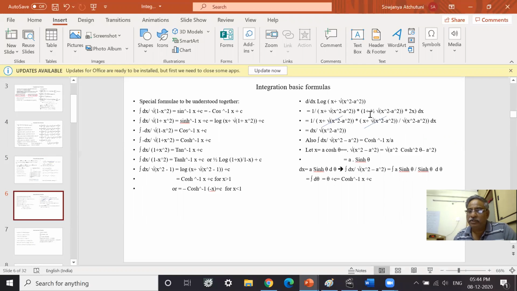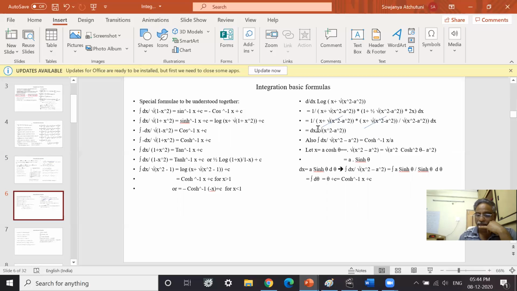When you do the LCM, the bottom has root of x square minus a square, and the top has root of x square minus a square plus x. So x plus square root of x square minus a square by root of x square minus a square: the numerator and denominator portions get cancelled. What is left is dx by square root of x square minus a square. So this is one way of representing log of x plus square root of x square minus a square as the integration of dx by root of x square minus a square.